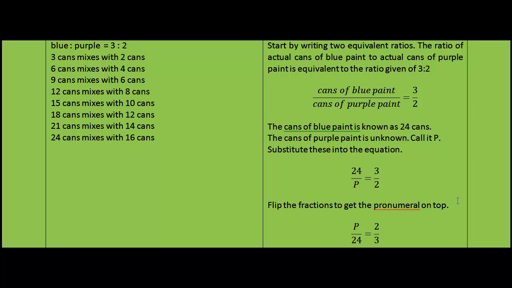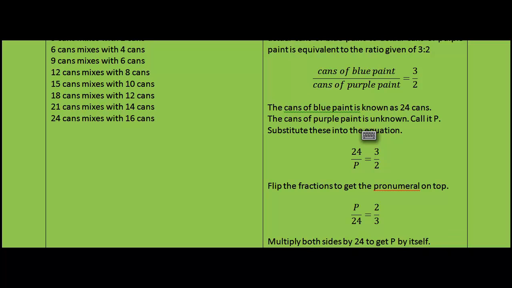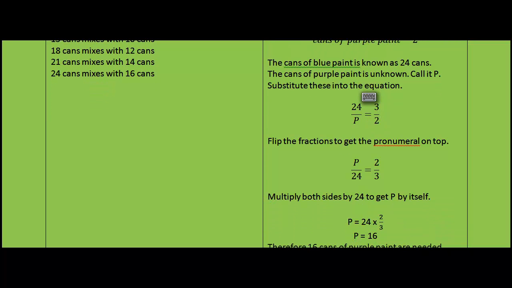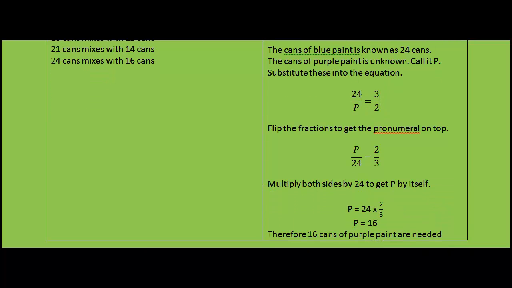Now, we don't like to have algebraic pronumerals on the bottom of a fraction. So again, one of the tricks that we can use is to flip everything. If we flip the ratio 24 is to P, we will get P divided by 24. And we know that if we flip one side, then we have to flip the other side. If we flip the original ratio 3:2, we'll now come up with the ratio 2/3, or 2:3.